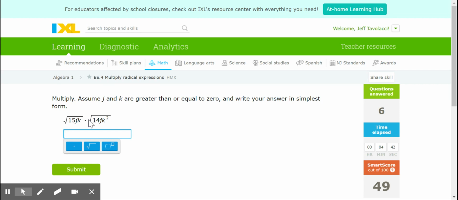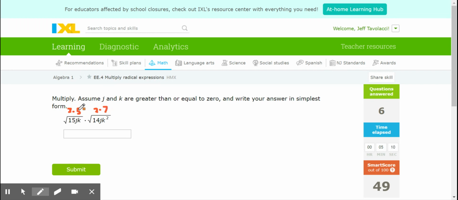But I do see a J and a K. So in this case, we're going to multiply, and since this is 2 and 7, and this is 3 and 5, I'm just going to rearrange these to make life easy for myself.